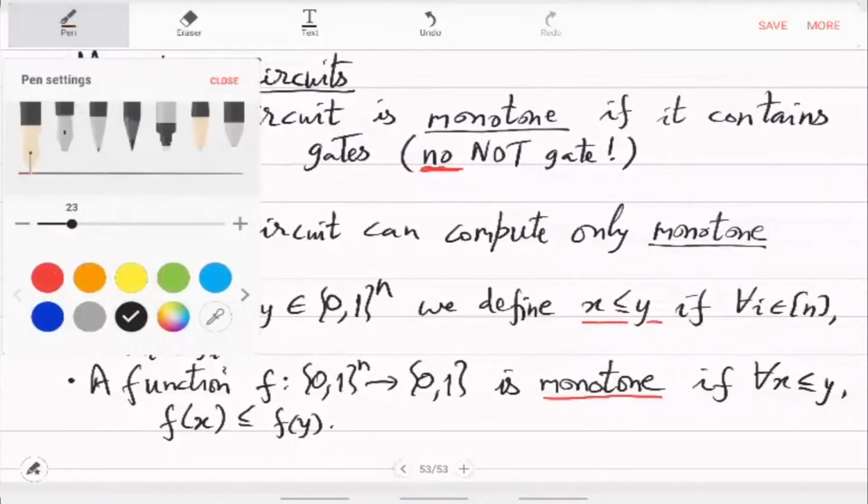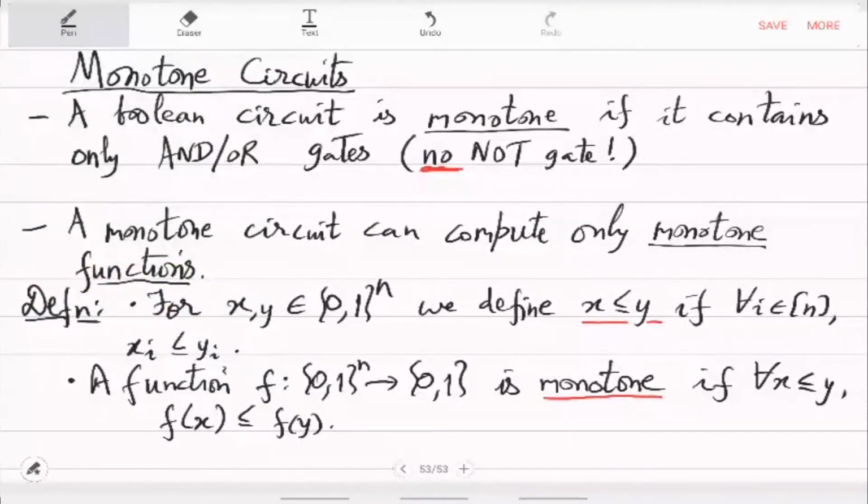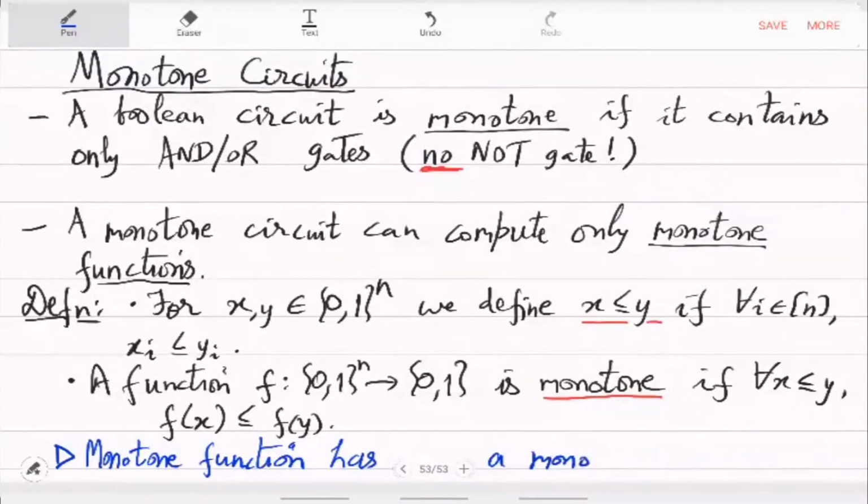So what you can show is that monotone functions always have monotone circuits, but the circuits will in general be very large, but they do exist. That you can show. Every monotone function has some monotone circuit.